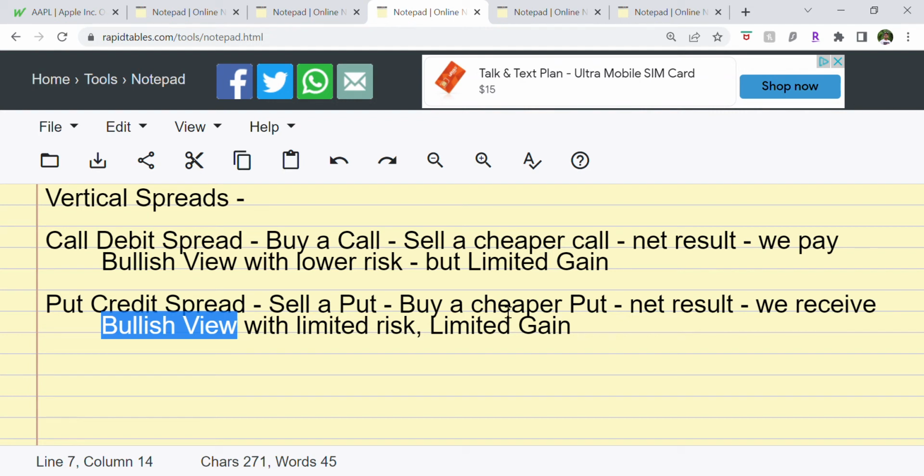The 905 put will be expensive, the 900 put will be cheaper. Net result, we receive some premium from the market.